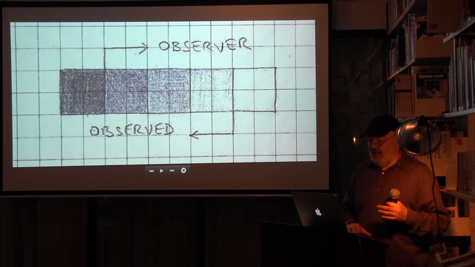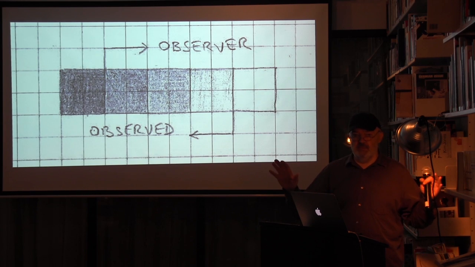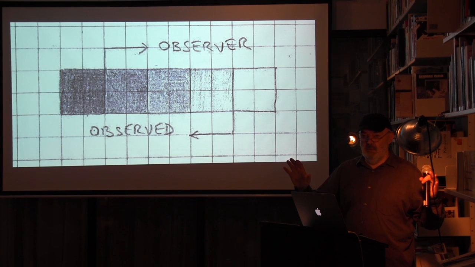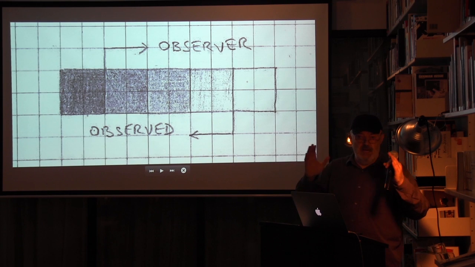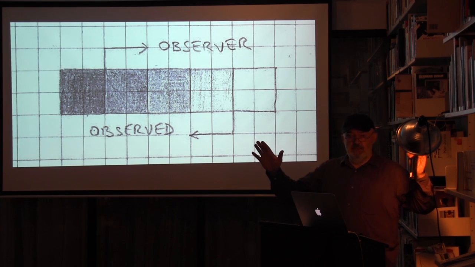As well, on the other hand, it says here that there is a part of the observer that will never be observed, that will never be known. So these are completely separate, and they come out of this uracil and thymine.